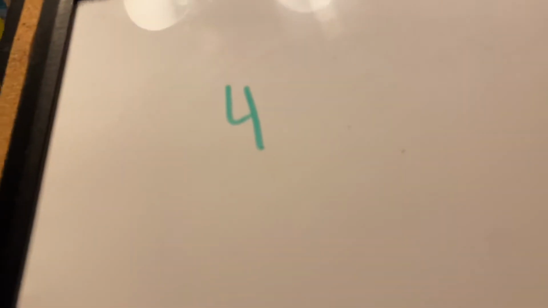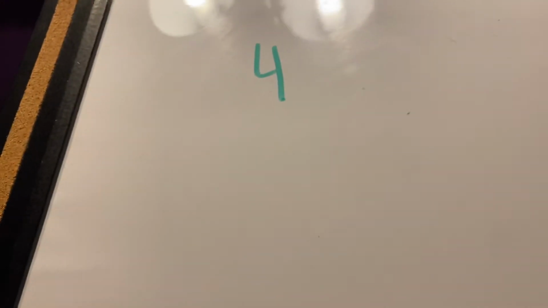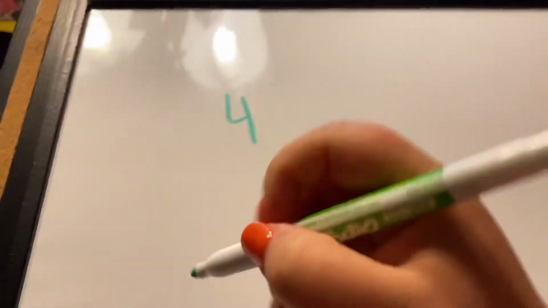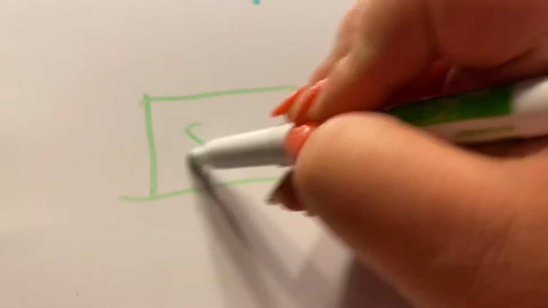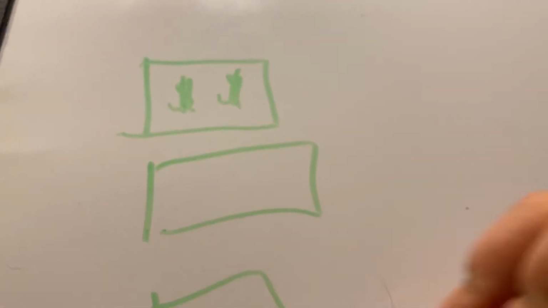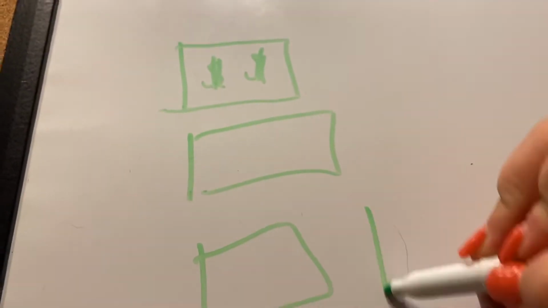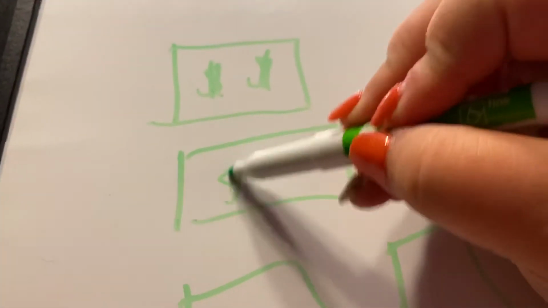Now, for real life examples, if we had money, for example. Say you had 4 $1 bills. 1, 2, 3, and a 4th one.